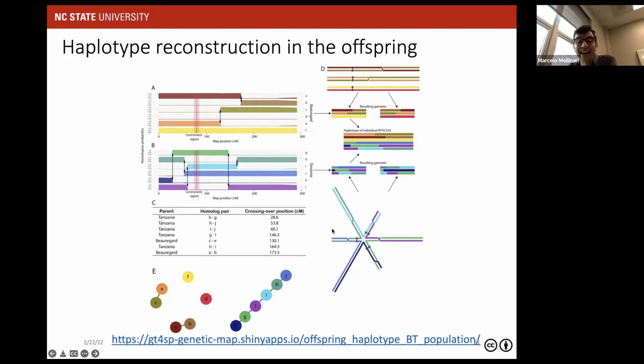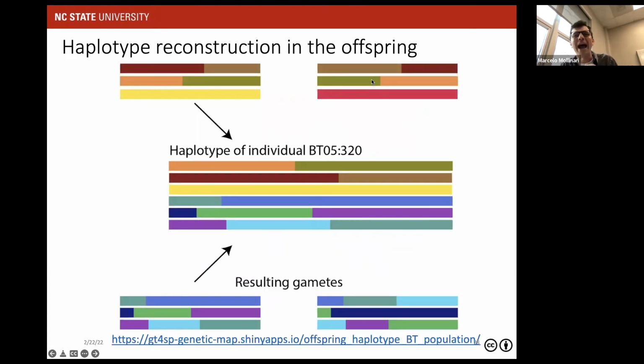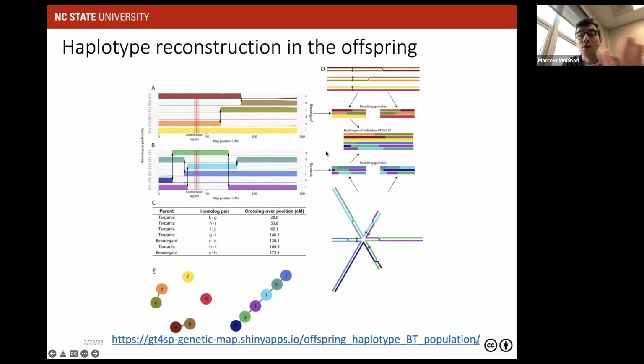And in this case, we have a hexavalent formation, meaning that each arm of the chromosomes combines with another arm of the chromosomes in exchanged pieces. You see here, the only arms that do not exchange pieces are these two arms. So here you have the result of this meiosis.